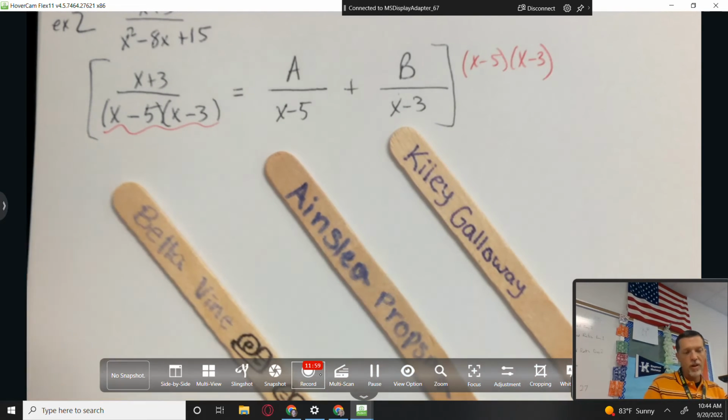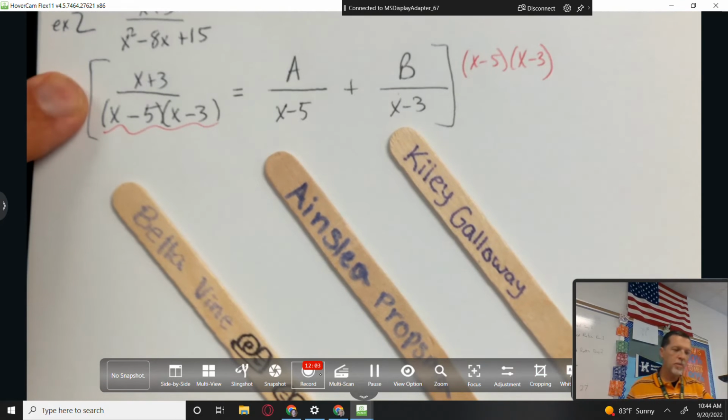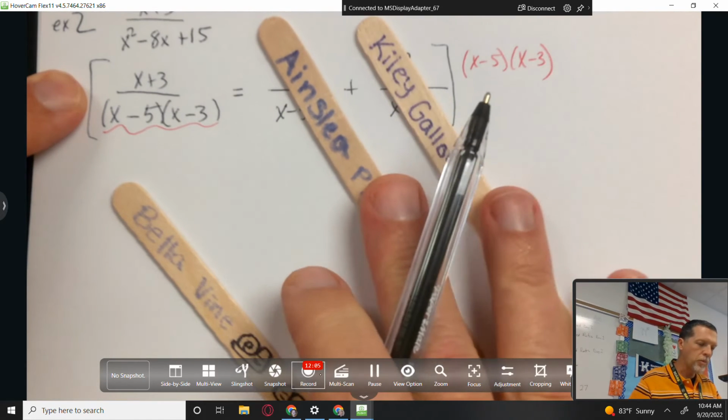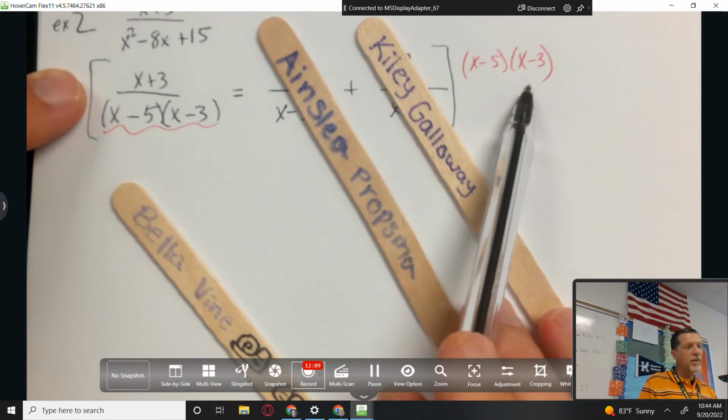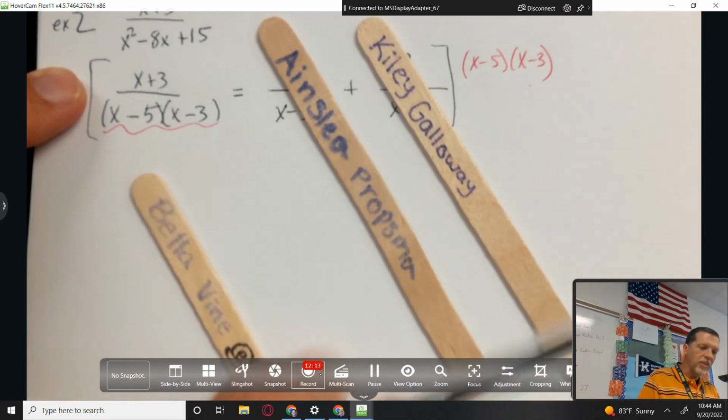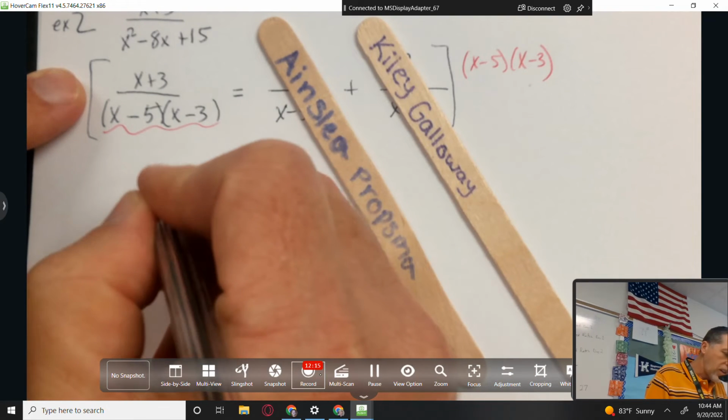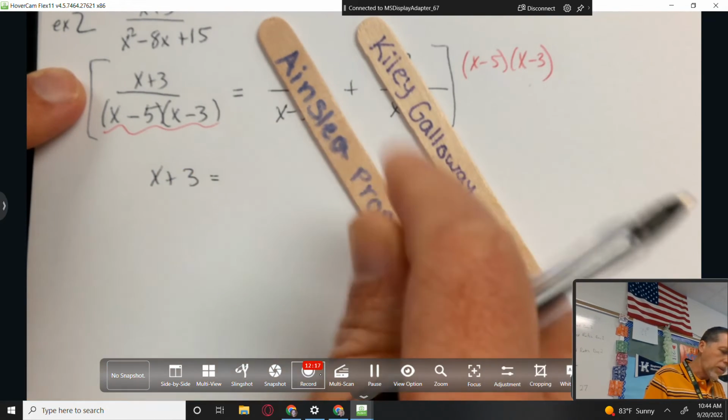Because that will hopefully cancel all the denominators. So on this term, don't even worry about those two terms yet. When I multiply by x minus 5 and x minus 3, x plus 3 is left because we canceled the other things. So x plus 3.